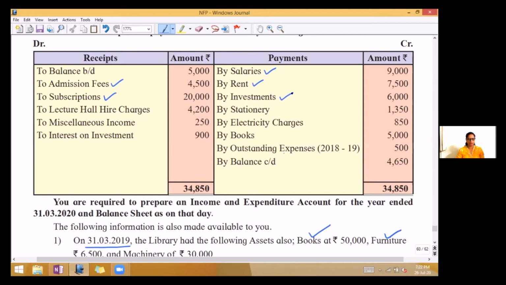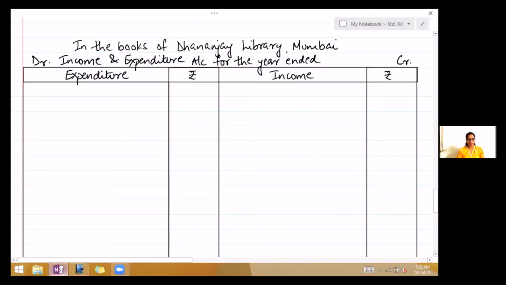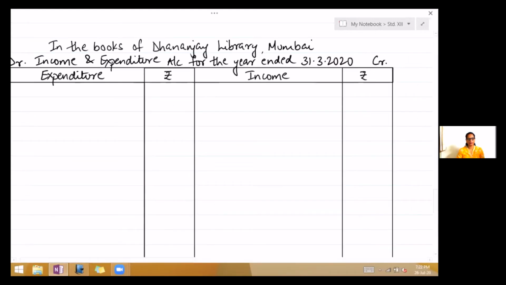Now you will draw income and expenditure account and a balance sheet. So write down in the books of Dhananjay Library, Mumbai. Income and expenditure account for the year ended 31st March 2020. Indicate debit, credit, write expenditure, income.